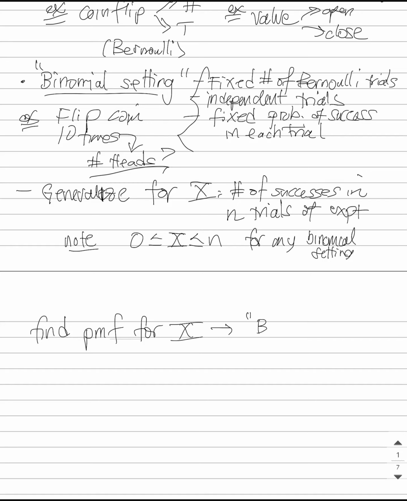Another way of referring to this is that we're going to say the probability mass function for this random variable is what we call the binomial distribution.